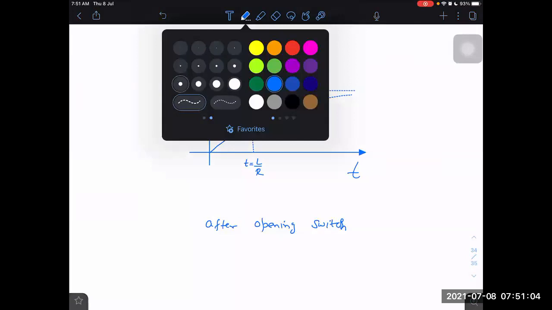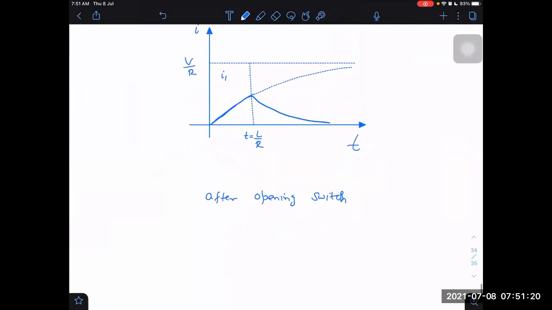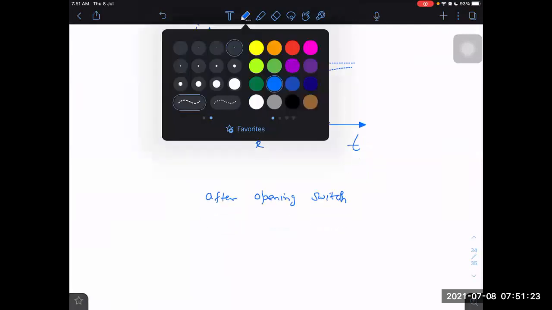From here onwards, it will change suddenly. This is how the graph will be. And what is that line where the change is taking place?